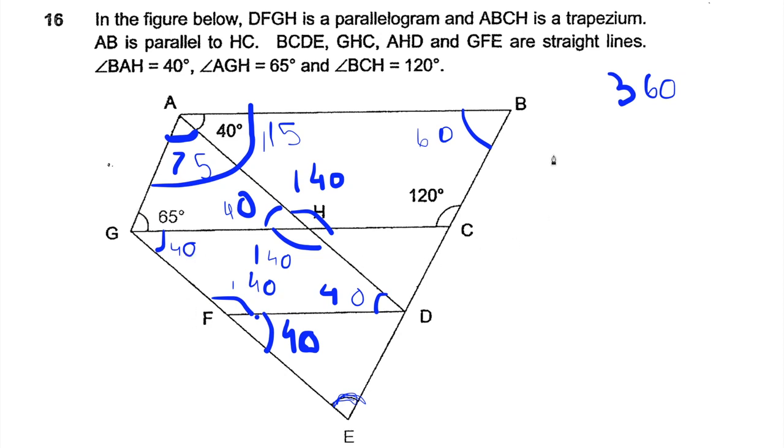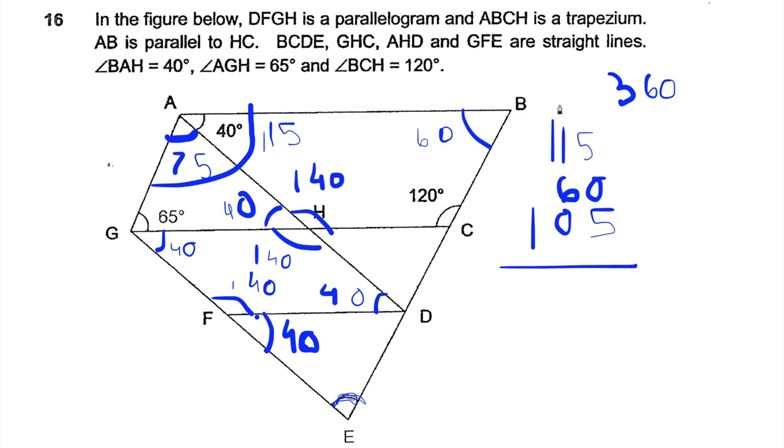So totally we have these three angles. 115, we have 60, and then we have 105, as these three angles, these like corner angles, 105, 115 and 60.